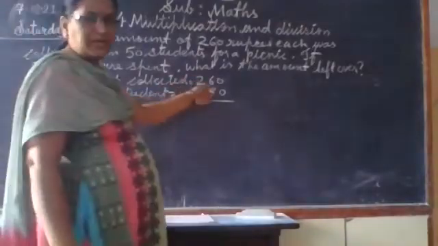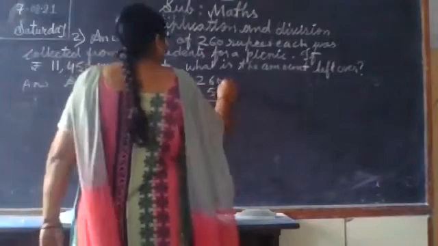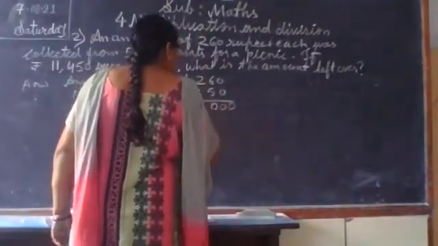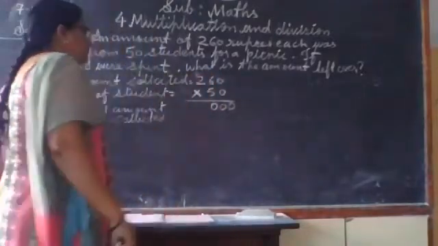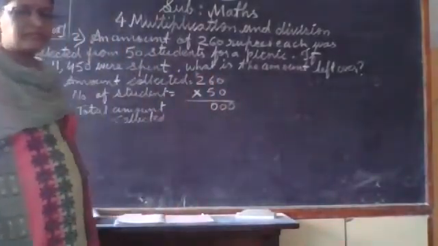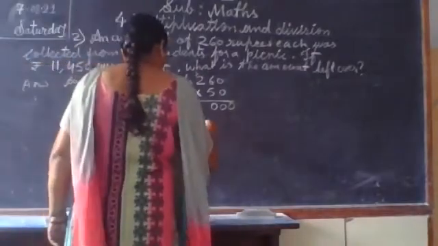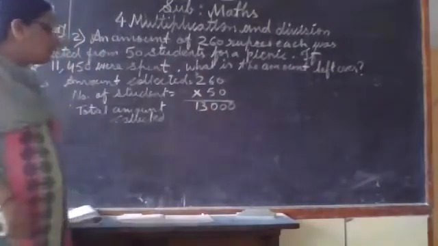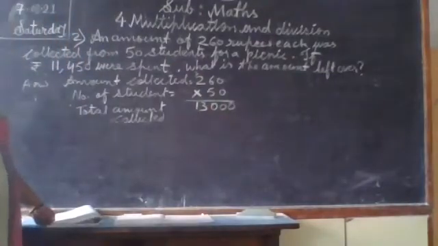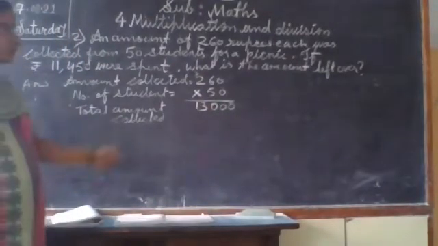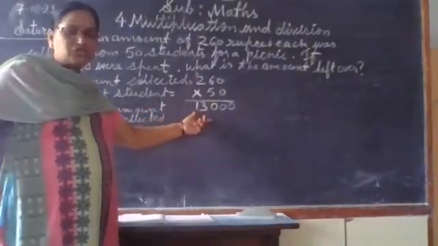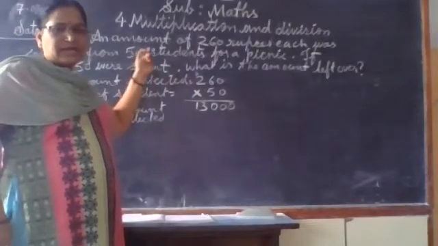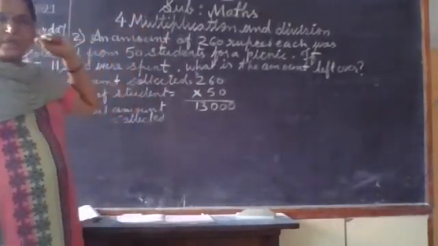So multiply them. It has 2 zeros, so we will put 2 zeros. 5 sixes are 30, carry over 3. 5 twos are 10 plus 3. So a total of 13,000 rupees is collected from the 50 students at the rate of 260 per head.